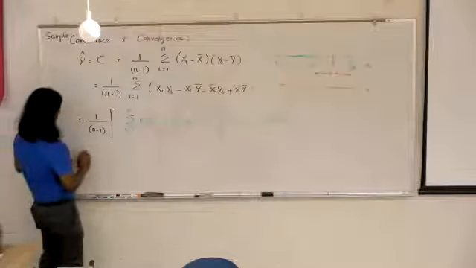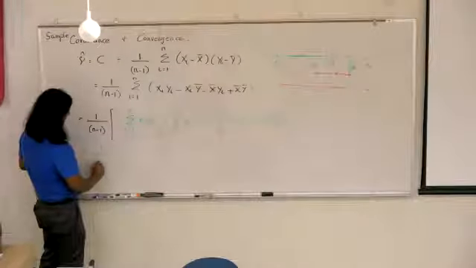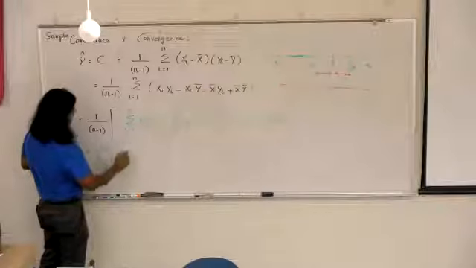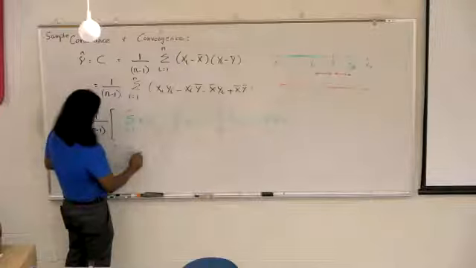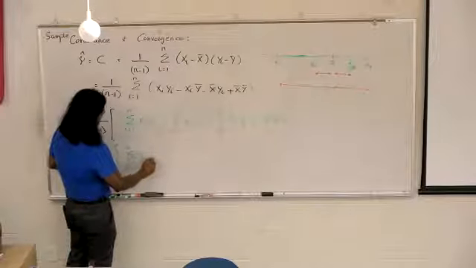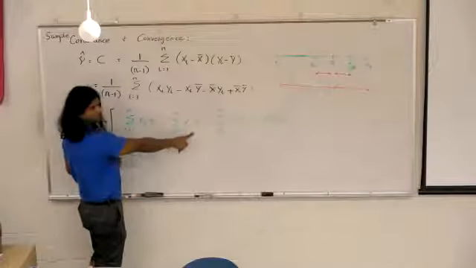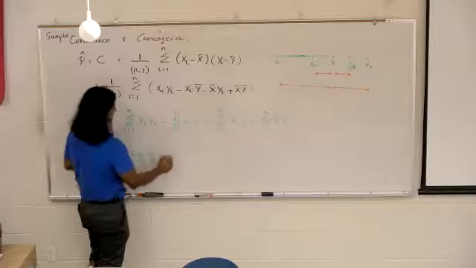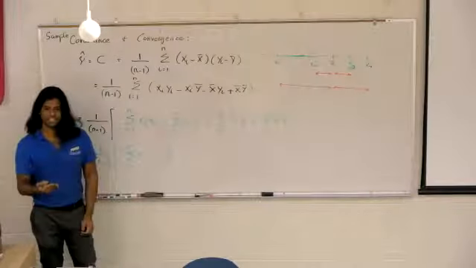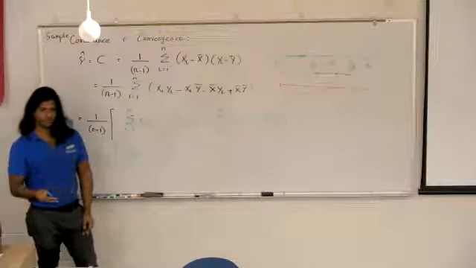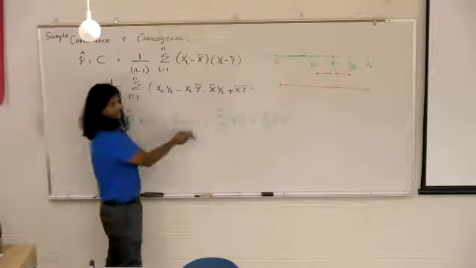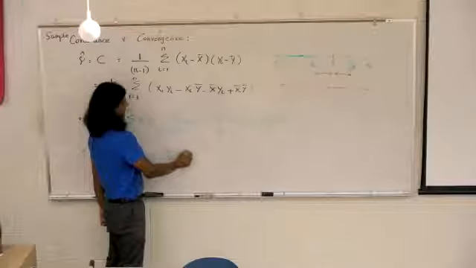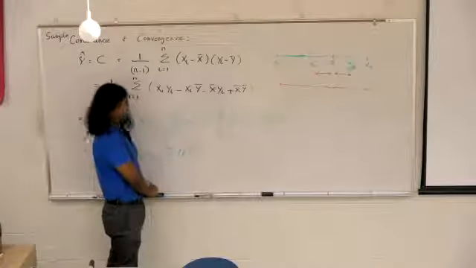Yes. So 1 over n minus 1, sum i equals 1 to n of xi yi, y bar is a constant. That would leave behind the sum i equals 1 to n of xi, correct? The sum i equals 1 to n of xi is simply n x bar.